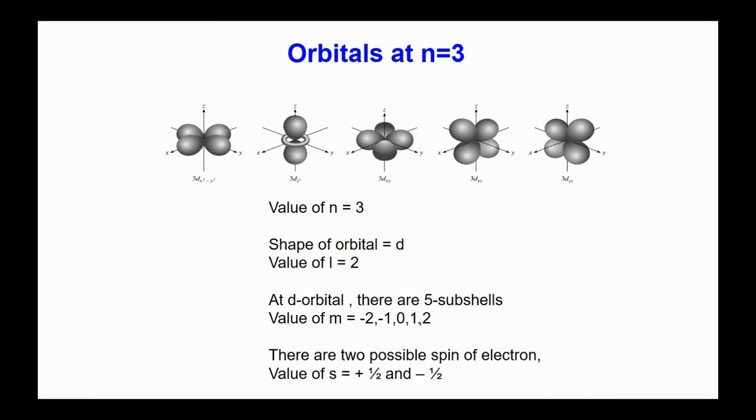So there are 5 values here showing there are 5 subshells in D orbital. See this? dx squared minus y squared, dz squared, dxy, dxz and dyz. So the possible spin is the same for all. Positive half and negative half. Okay, so this is n equals 3. Okay, n equals 4 is the same, except it has F orbital which does not exist in your syllabus.